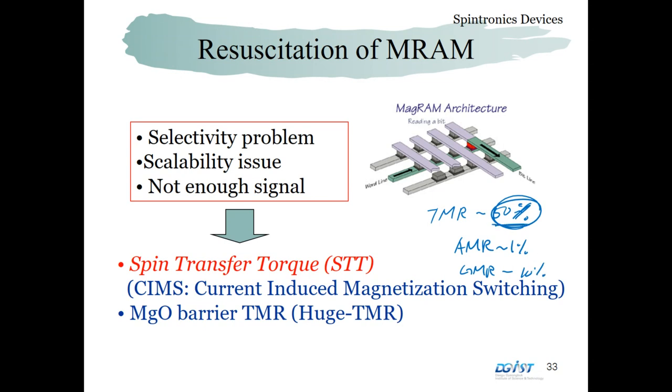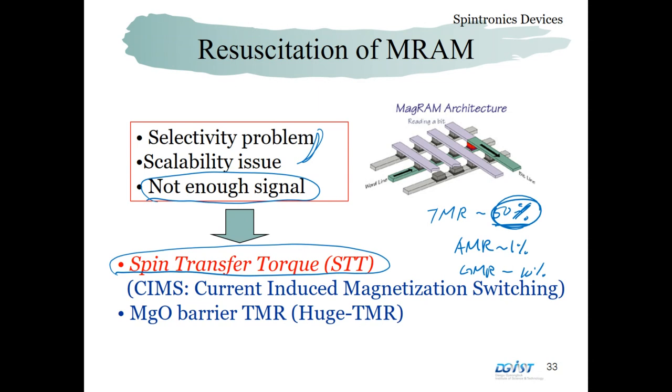This value is quite large, but still it is not good enough. So in addition to these two problems, we have another one: there are not enough signals. So I'm going to explain about this MR in this chapter, and we're going to move on to the spin transfer torque maybe next class.